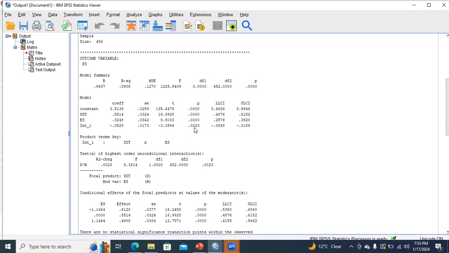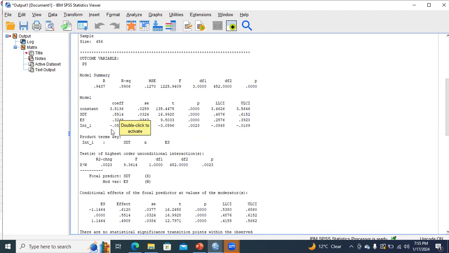And if we want to conclude whether this moderation increases the impact of the independent variable or decreases it, we can see the negative sign over here.